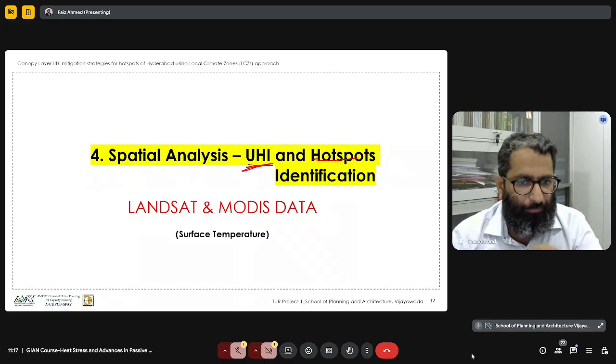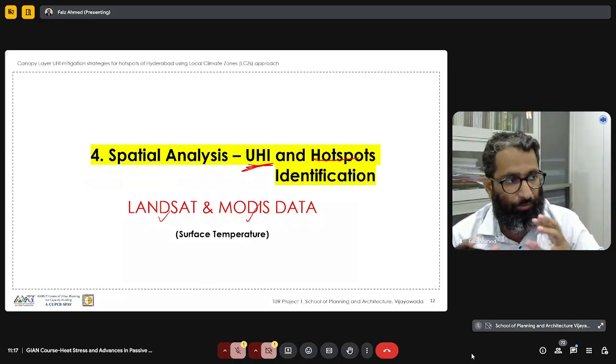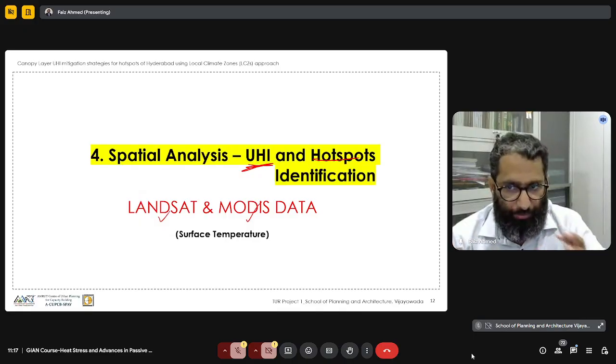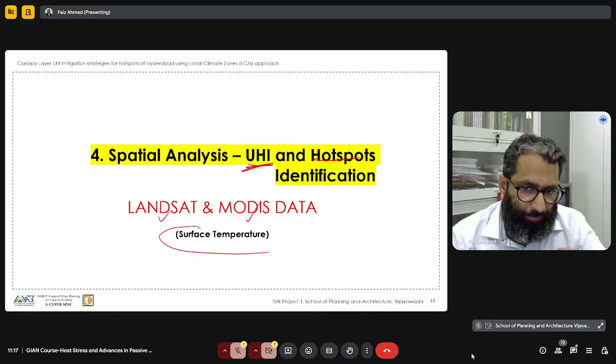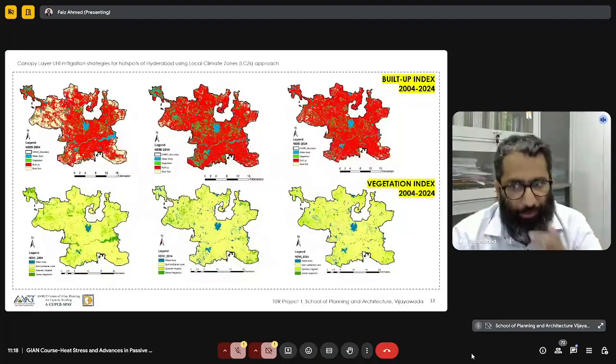The conventional way of approaching this subject is to identify hotspots and identify the UHI intensities. Most of the time, we have seen that city planners use Landsat data and MODIS data to understand how these UHI intensities can be measured, and it is the surface temperature that we record and compare.